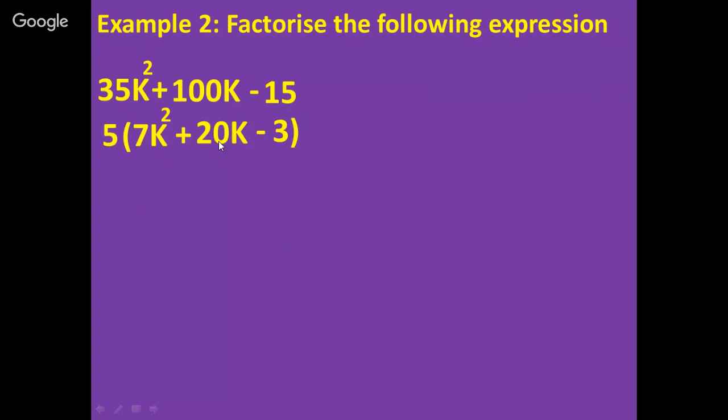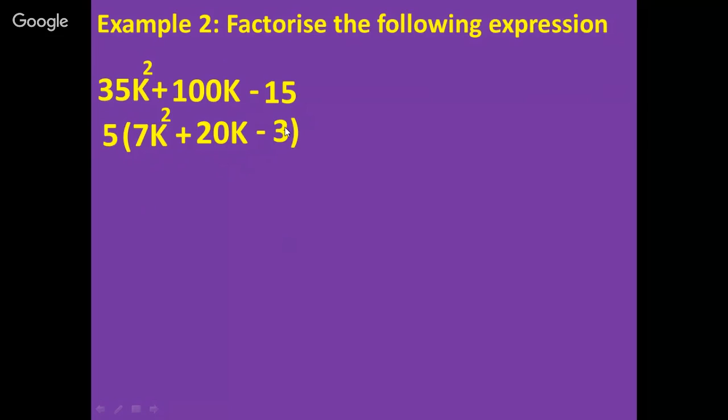Now we are going to split this term in k into two numbers in such a way that the sum of those two numbers is plus 20, and the product of those two numbers must be 7 times minus 3.